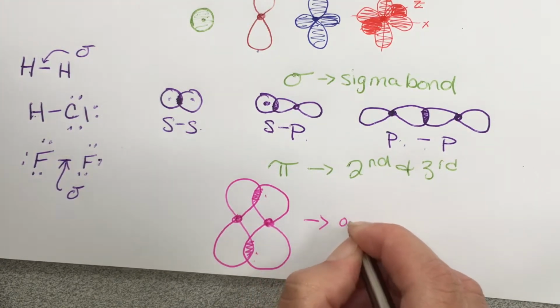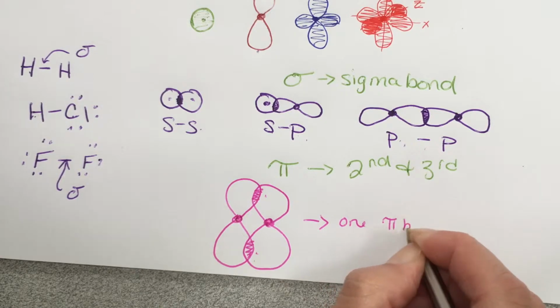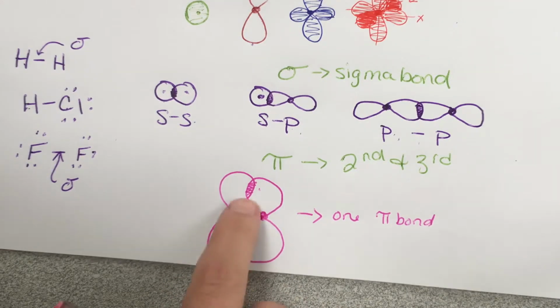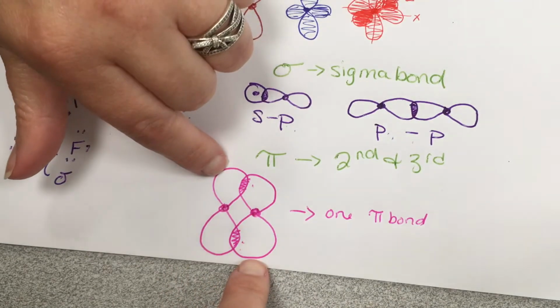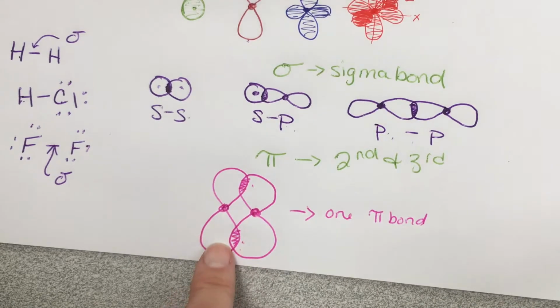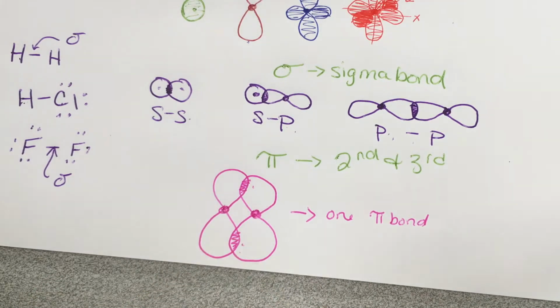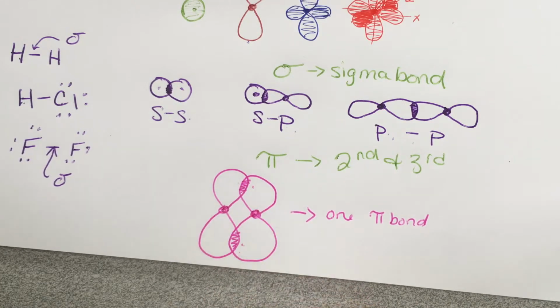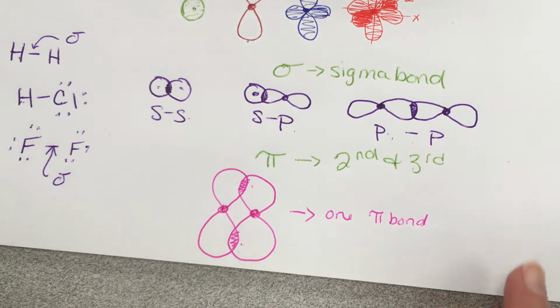This is 1 pi bond. I'm being strict with that because later, when you see these involved in a big molecule, you're going to think that maybe that's a double bond when it's not. It's just a single bond. When two lobes are overlapping side to side, that's just one pi bond.